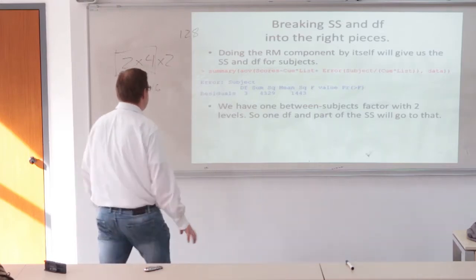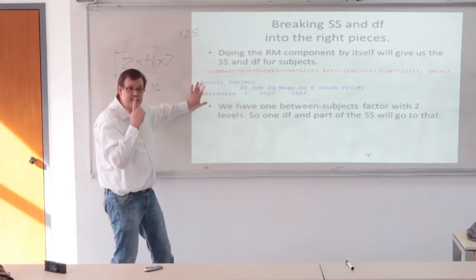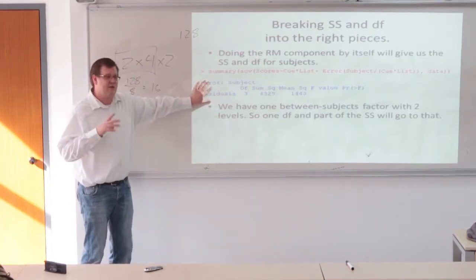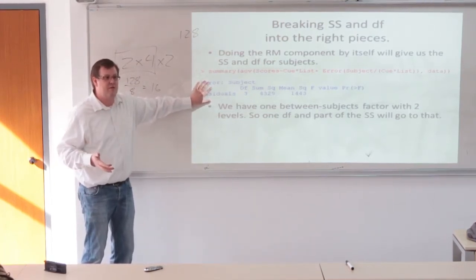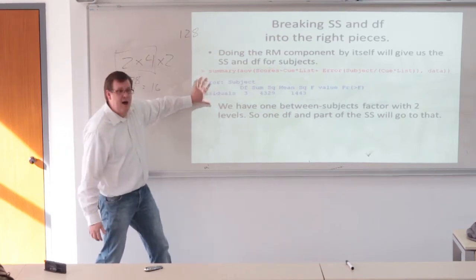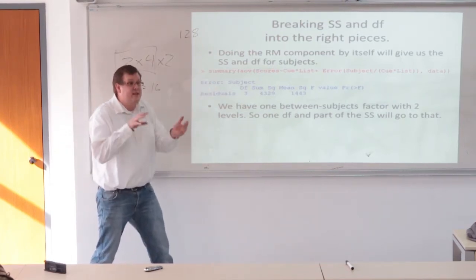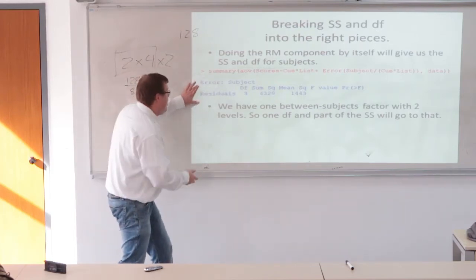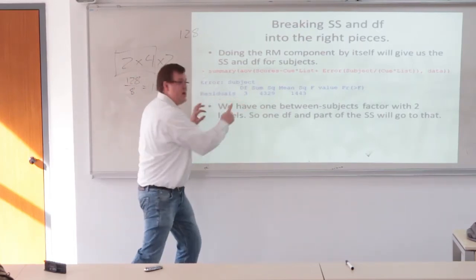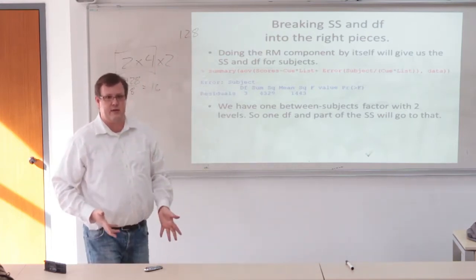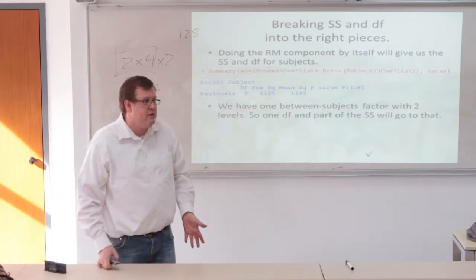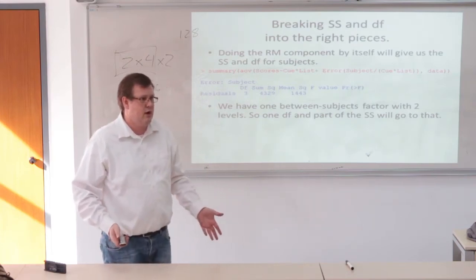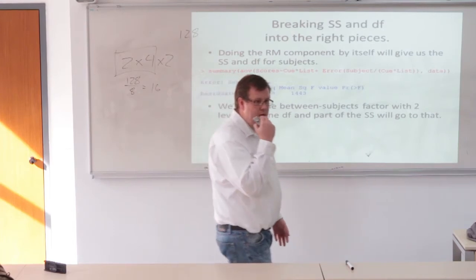So if this is like the sum of squares total for the non-repeated measures ANOVA, and we're going to break this up for all of the between subjects factors, or the between subjects interactions, then one of those degrees of freedom is going to go to sex, which will leave us with how many degrees of freedom for subjects left over? 2, right?